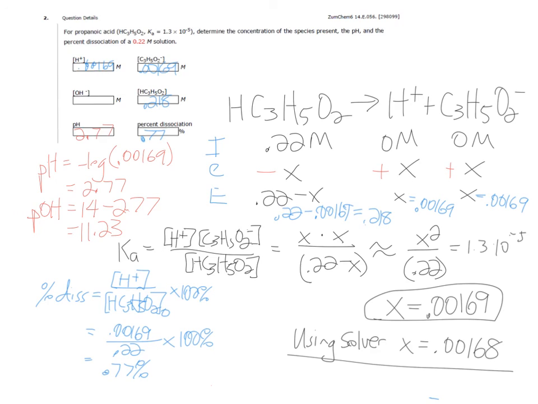The hydroxide concentration can then be found by taking 10 raised to the negative pOH power. In this case, that's 10 raised to the negative 11.23 power, and that works out to be 5.95 times 10 to the negative 12th. You should get a pretty small number there.